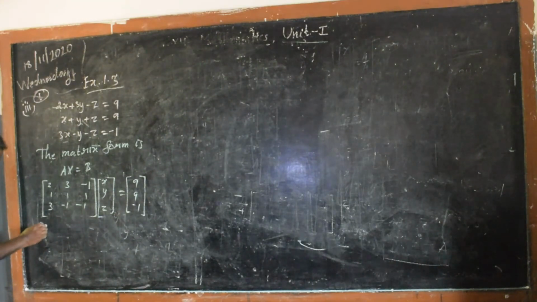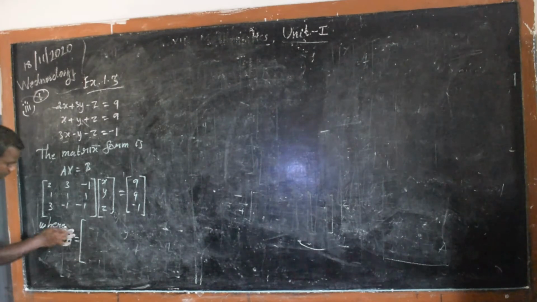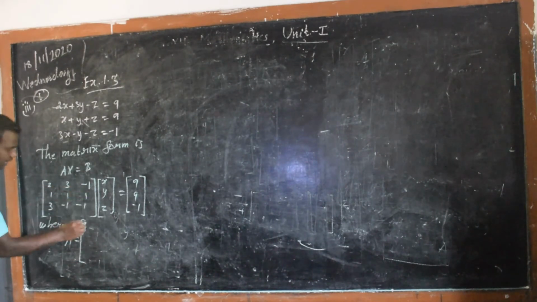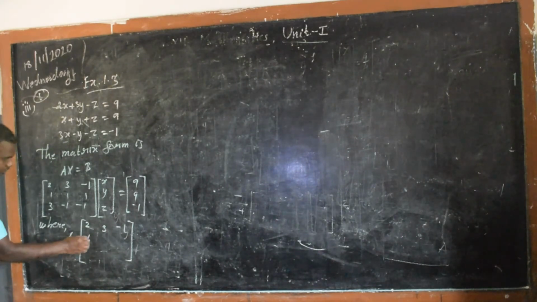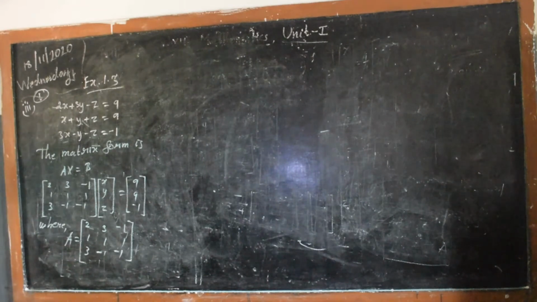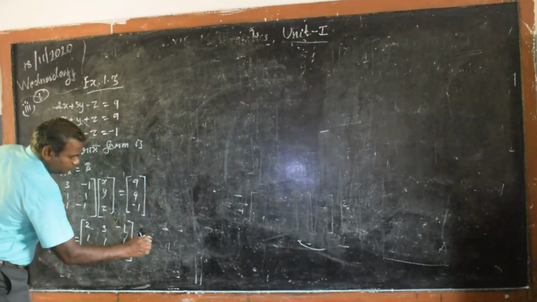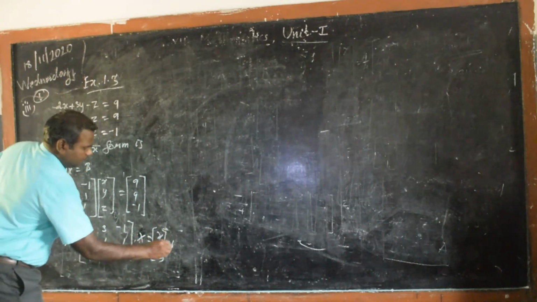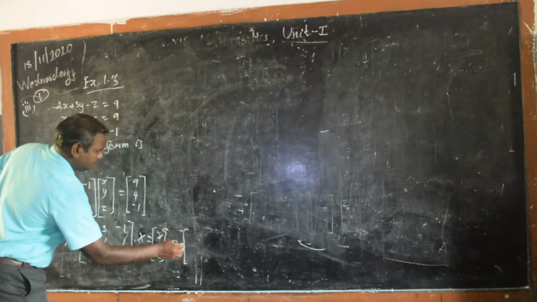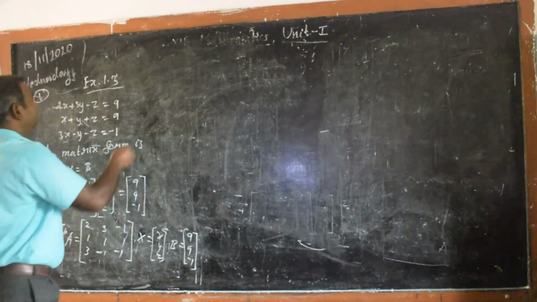Where capital A equal to 2, 3, minus 1; 1, 1, 1; 3, minus 1, minus 1. Capital X is equal to x, y, z. Capital B equal to 9, 9, minus 1. This is our matrix form.